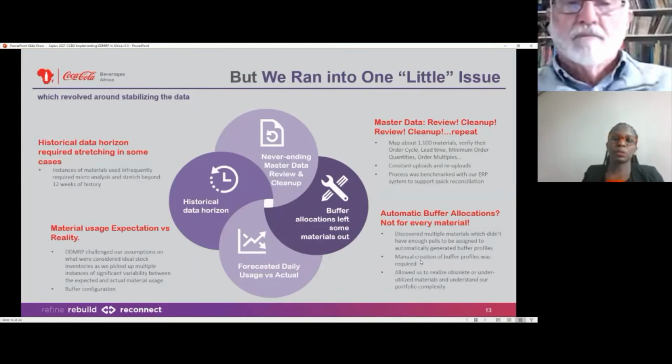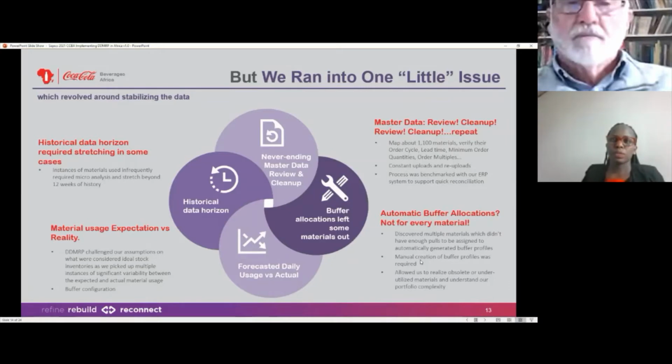As you run the materials through this system, automatic buffer profiles are allocated to these materials, but we realized that some materials were left out, and we had to manually create those buffer profiles to ensure that all of them are captured at the same time and consistently reviewed to the accuracy that we needed.